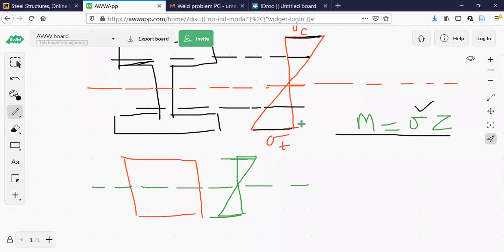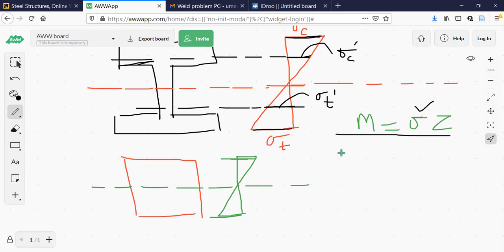Now observe here. How do you find stress here and here? Let me call it sigma C dash, and sigma T dash. Can you tell me how to find these two values using M is equal to sigma Z?